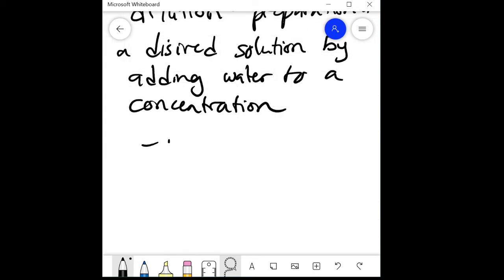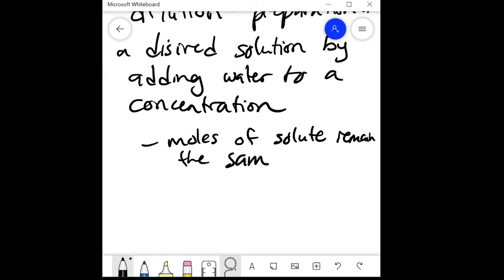Your moles of solute remain the same because you're not adding more, you're just adding water. So this is how, say you have a really strong acid and you want it to be less strong, you can dilute it, add some water to make it have less.